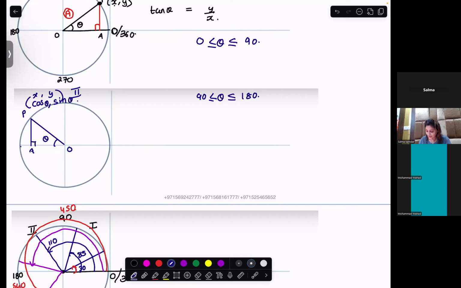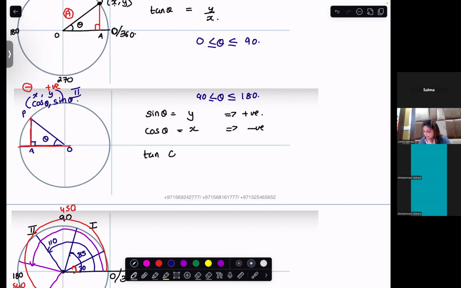In the second quadrant, is your x coordinate positive or negative? Oh, sorry, it's negative. And y is positive. Sine theta is the y coordinate, it is going to be positive. Cos theta is the x coordinate, it is going to be negative.